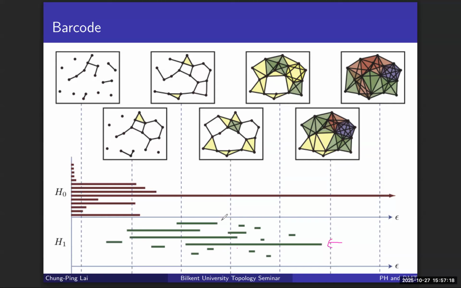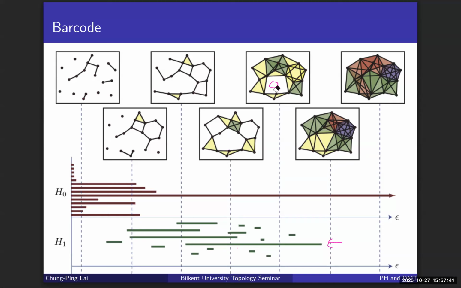This bar really corresponds to this particular H1 feature, this particular hole here. And because this hole exists for quite some time, we would be more inclined to say this hole is perhaps a more important hole for this point cloud.